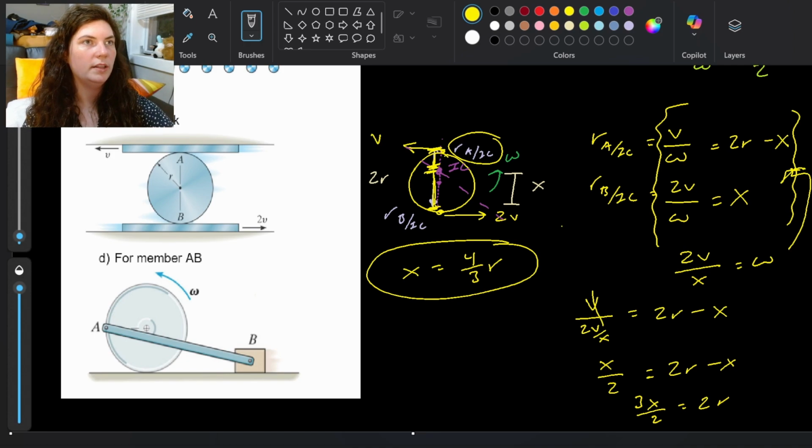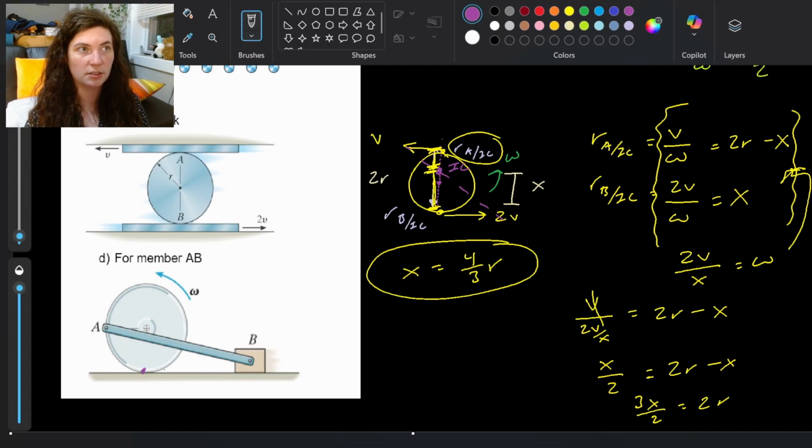And then we've got one last guy at the bottom here where we want to find where that instantaneous center of zero velocity is for AB. So AB is really our only member there. And we can see that we've got an angular velocity of this disk. What's really interesting about this disk is that it's on the ground. So the disk itself has an instantaneous center of zero velocity.